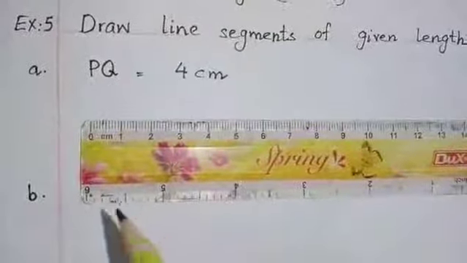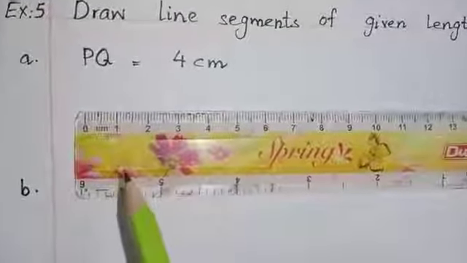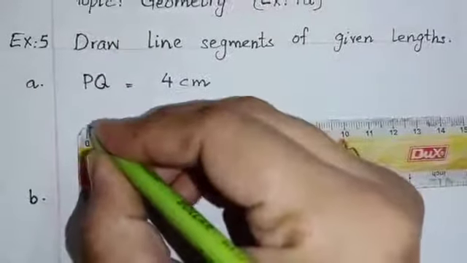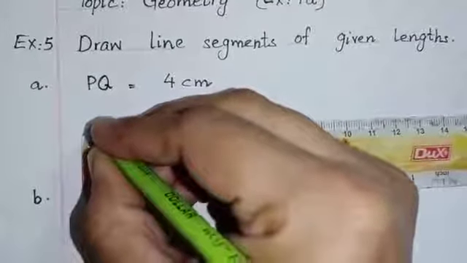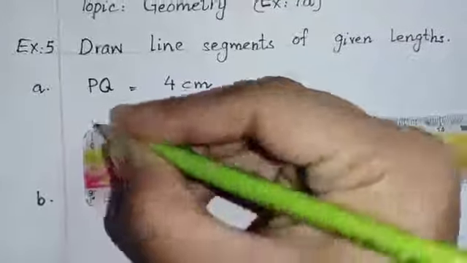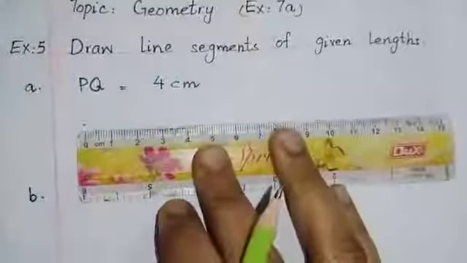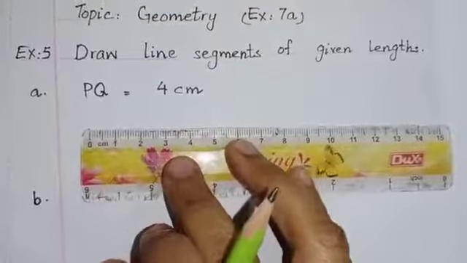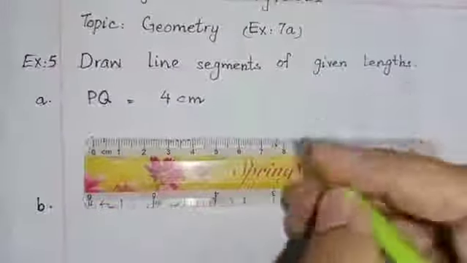At the beginning of the markings on this ruler, here, it's P. Its point is P. Now, how many centimeters? It's 4 centimeter. Where is 4?